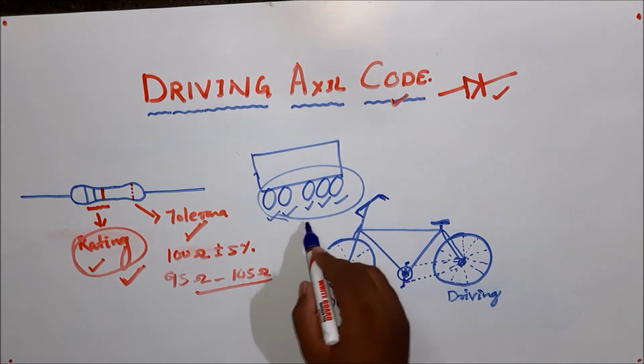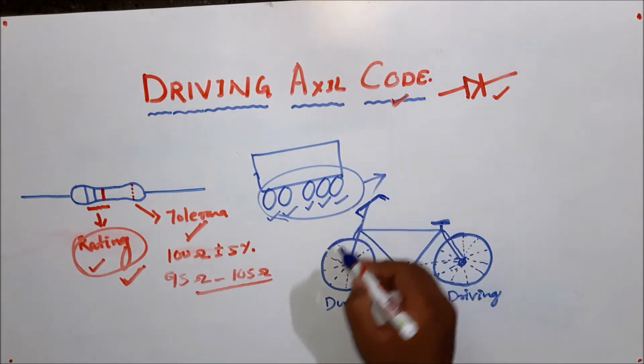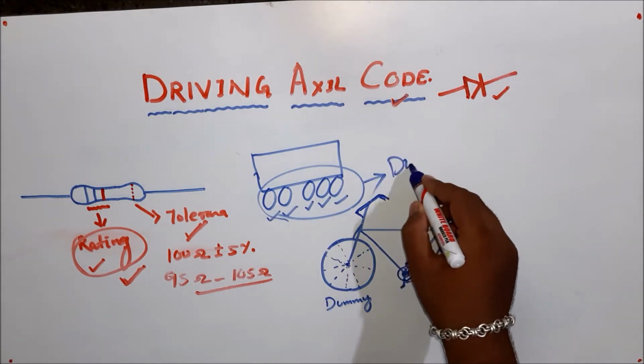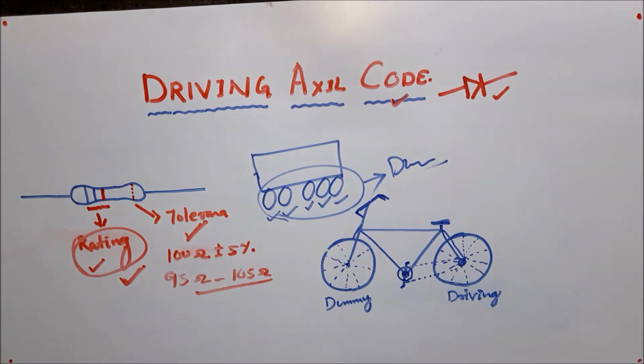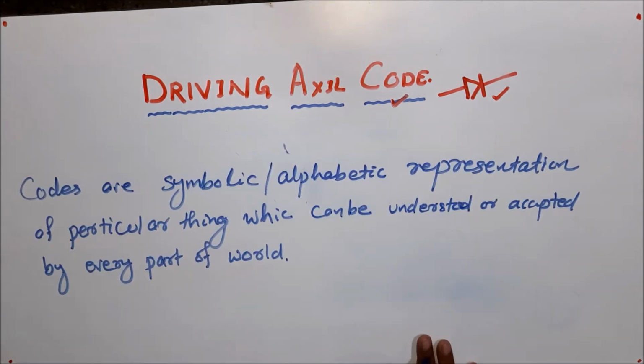That is why we cannot say every wheel is a driving wheel, but some wheels are dummy wheels. So, you can define codes as symbolic or alphabetic representations of particular things which can be understood or accepted by every part of the world.